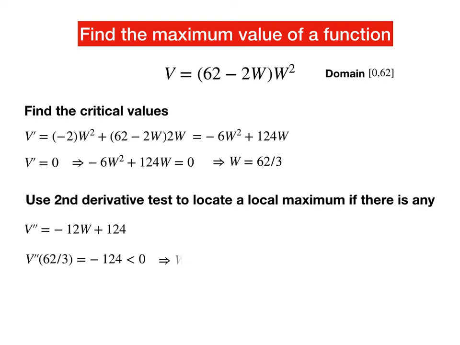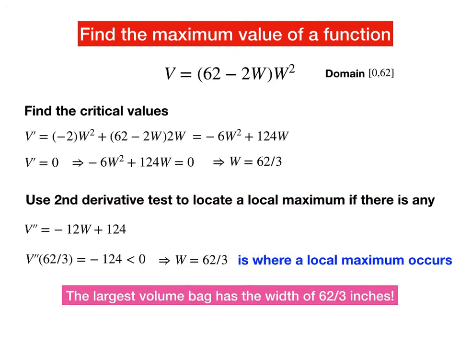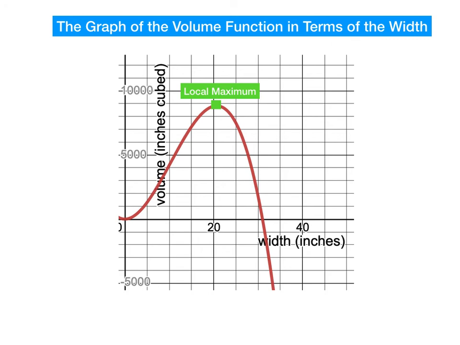So by the second derivative test, this critical point w is where the local maximum occurs. We found that the largest volume bag would have a width of 62/3 inches. To verify this, we graph the function on its domain. The horizontal axis is the width, the vertical axis is the volume, and you can see that the local maximum is at about 20, which is about 62/3.